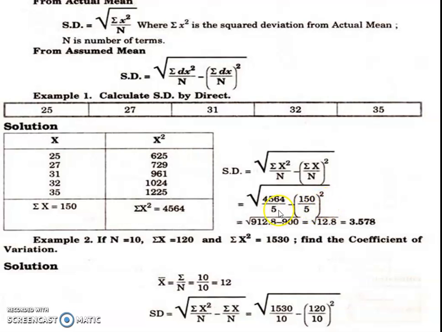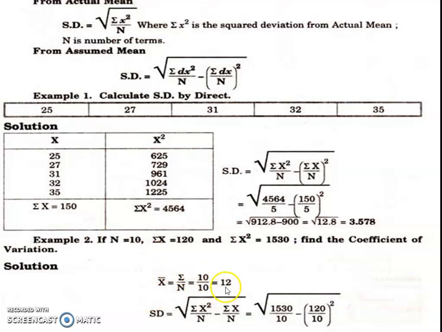Be careful. So 4564 divided by 5 is 912.8, and 150 divided by 5 is 30, whole square is 900. Take the square root of 912.8 minus 900, which is 12.8. Square root of 12.8 is 3.578.